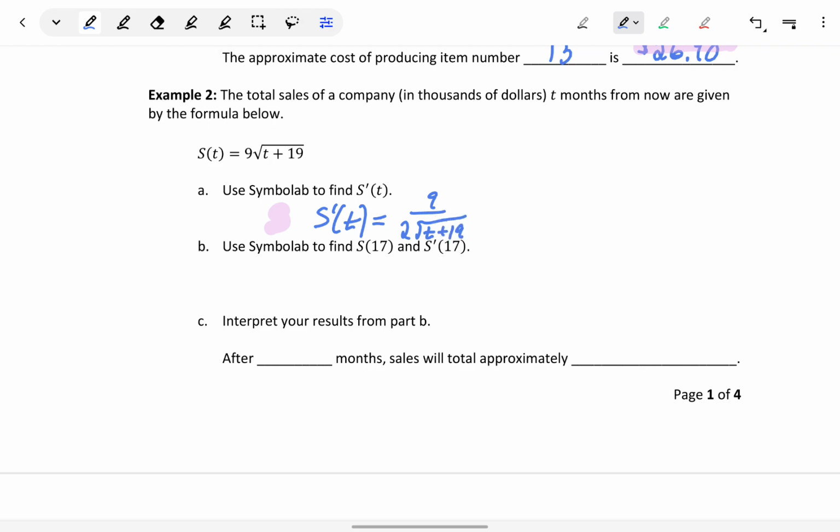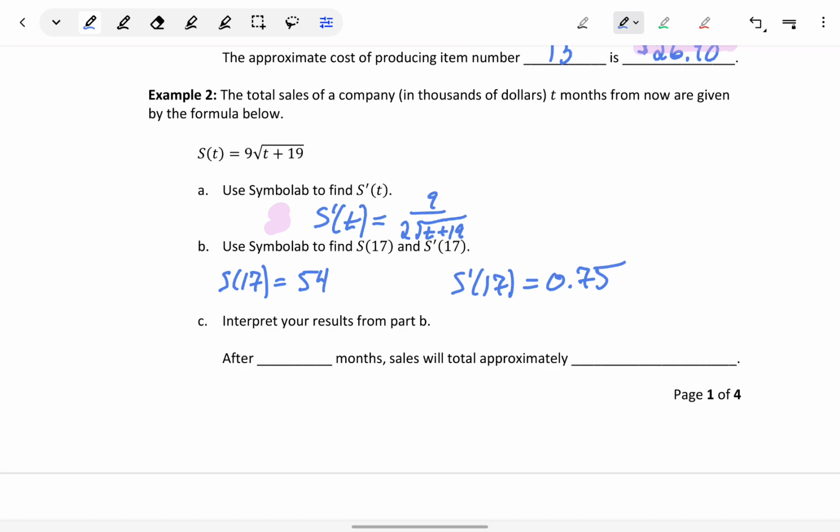And then we want to use Symbolab or a calculator to find s of 17 and s prime of 17. Doing that, going back to the original function and plugging in t equals 17 would give us 54. And evaluating that derivative function, s prime at 17, would give us 0.75.